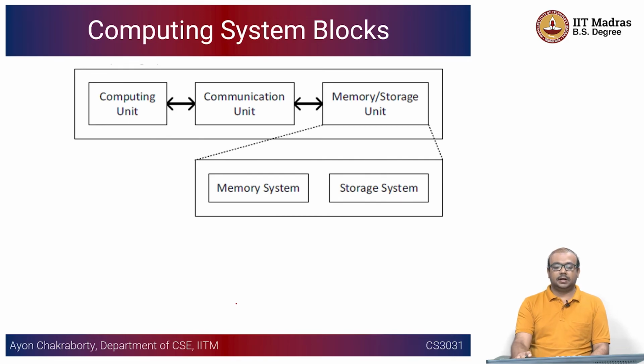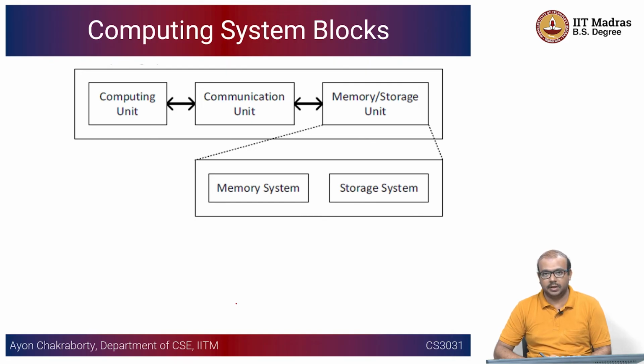Next, we have understood from a very superficial level what computing systems are, and now we are going to look into a little more detail at the individual blocks. In a computer system, you typically have three units.